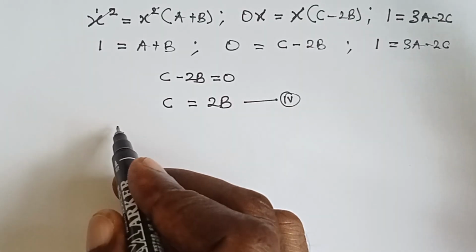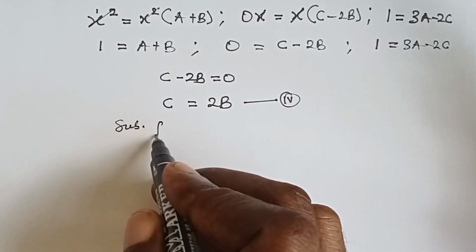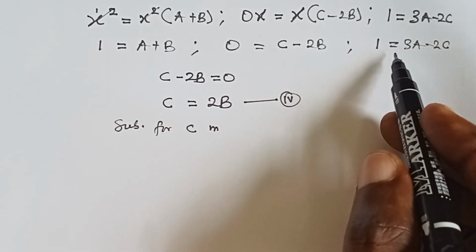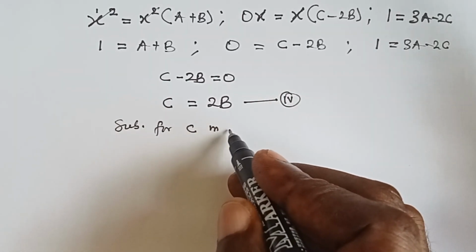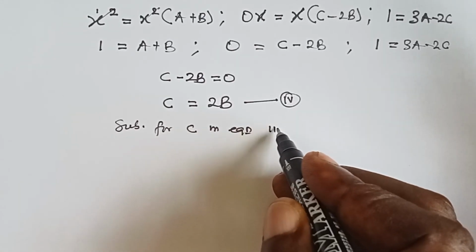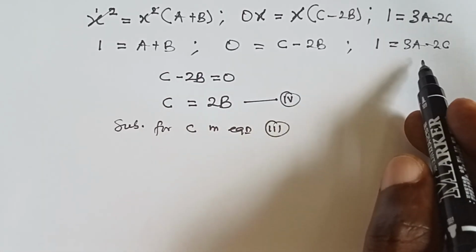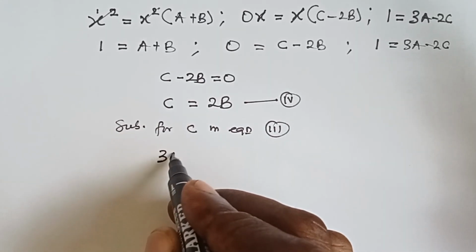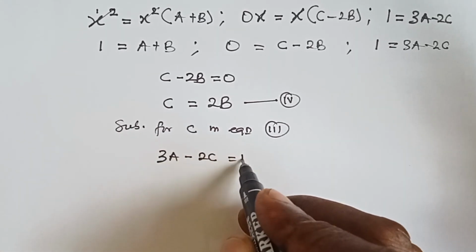So now we can substitute c into equation 3. That is, anywhere you see c in equation 3, you write 2b. What is equation 3? It's 3a minus 2c equals to 1.